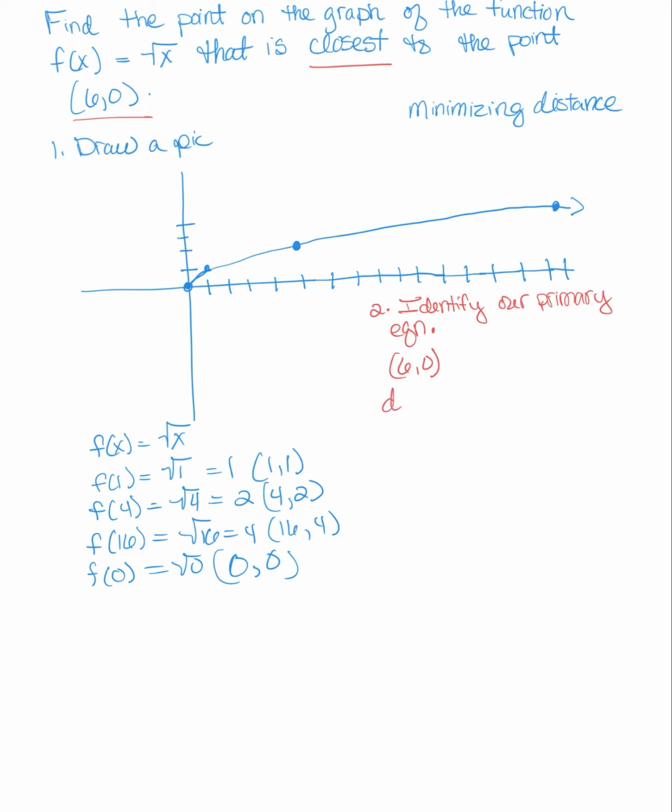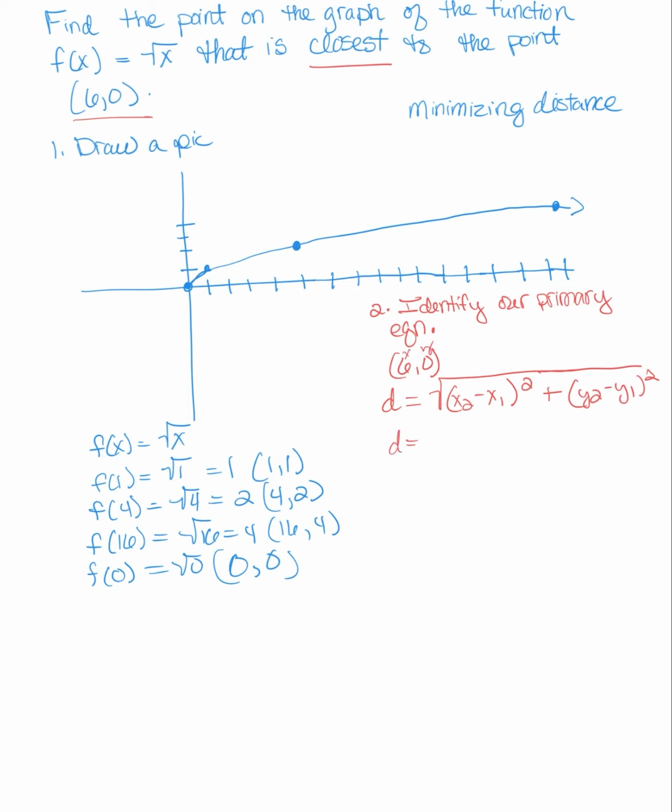The distance formula is d equals the square root of x2 minus x1 squared plus y2 minus y1 squared. All right, so, where do you plug these things in? This is going to be our x, and this is going to be our y.